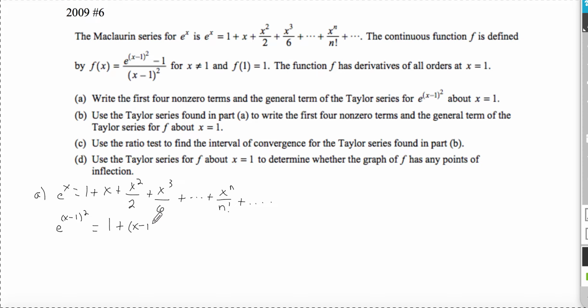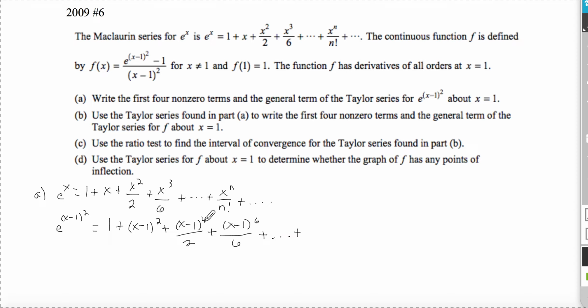X minus 1 squared, plus x minus 1 squared squared, so that'll be x minus 1 to the 4th over 2, plus x minus 1 squared will go in for x cubed, so that'll give me x minus 1 to the 6th over 6, plus, all right, what do we want? We want the first 4 non-zero terms. So there we go. There's the first 4 non-zero terms, plus dot dot dot, plus.